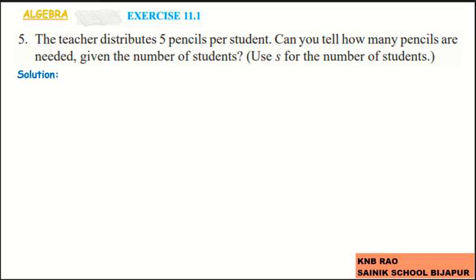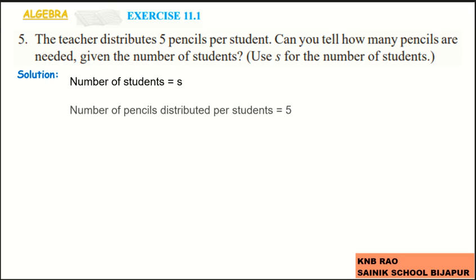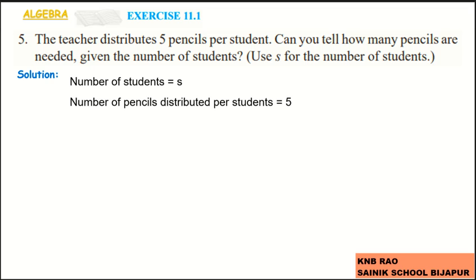Coming to question number 5, the teacher distributes 5 pencils per student. Can you tell how many pencils are needed given the number of students? Use S for the number of students. So 5 pencils per student, the number of students is S, and the number of pencils distributed per student is 5.